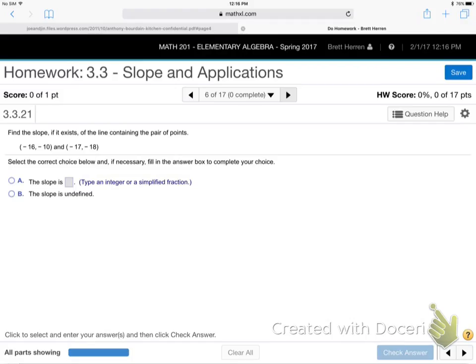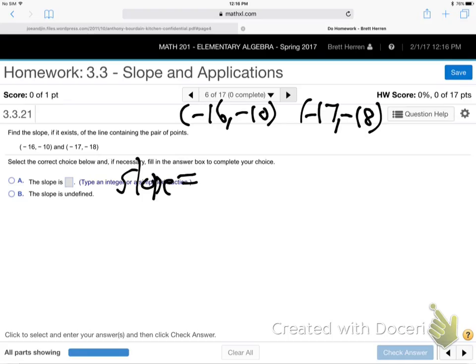All right, same thing here. -16, -10, -17, -18. Find the slope. You know the formula, y2 minus y1 over x2 minus x1. Try that one. One more time. Be careful of all those negative signs. Use your calculator. You need to.